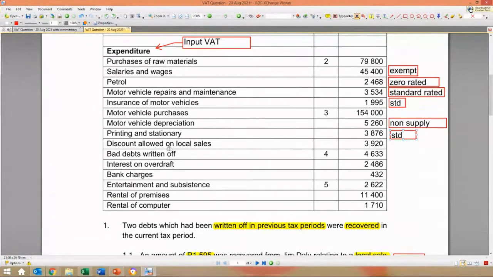Discount allowed on local sales. What type of supply do you think that is? Okay, let's start with the easy one. Local sales. What supply is it normally?